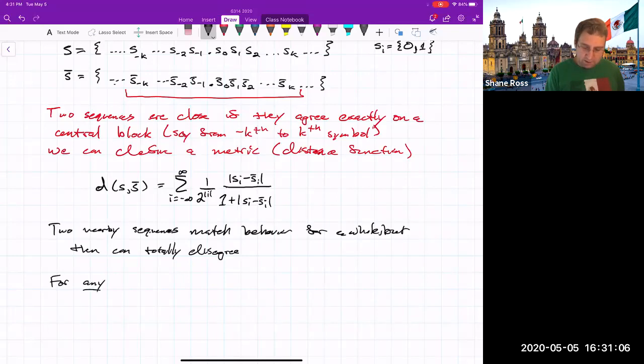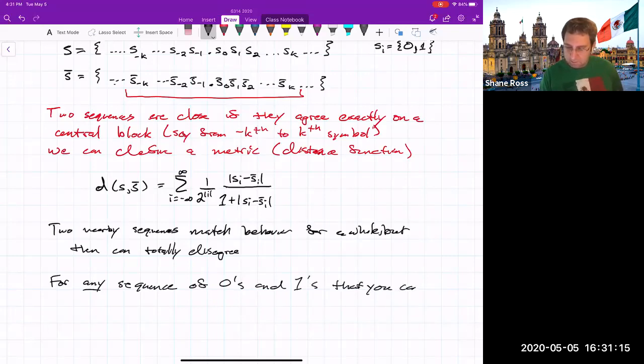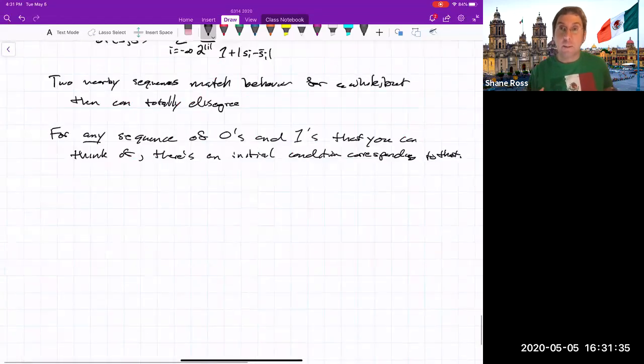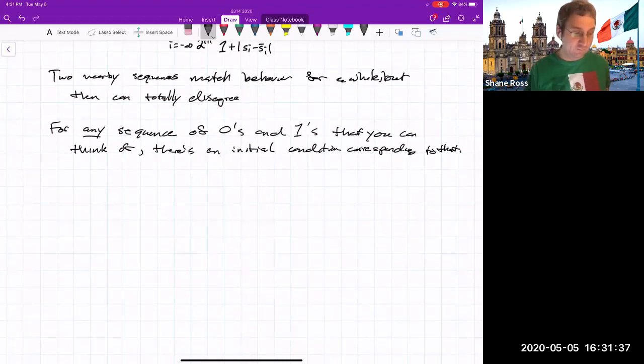So for any sequence of zeros and ones that you can think of, and it could be infinite, there's an initial condition corresponding to that. And the dynamics matches that exactly.